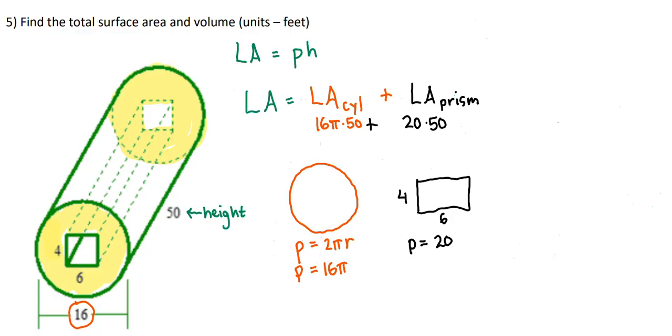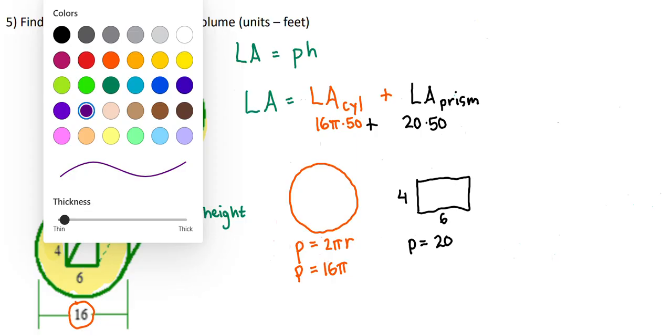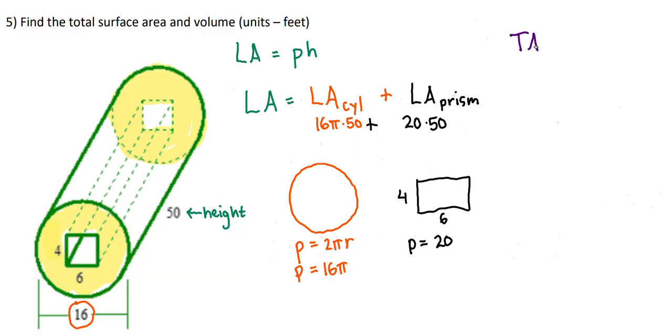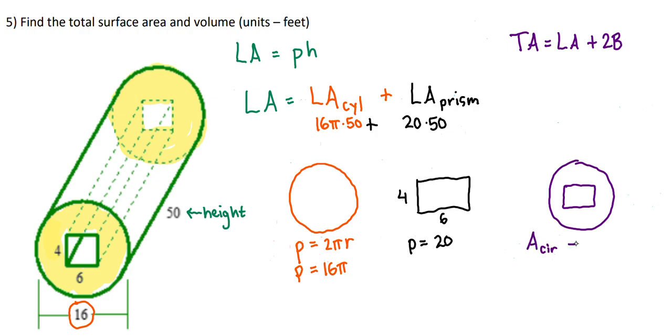Since this is like a prism or like a cylinder, the total area is going to be the lateral area plus the area of the two bases. Now, if I think about the parts of the bases that would get wet, those bases would be a circle with a rectangle cut out of them. So the area of the base would be the area of the circle minus the area of the rectangle.